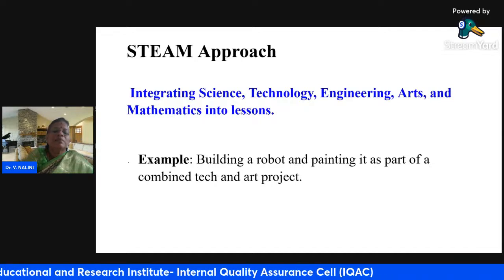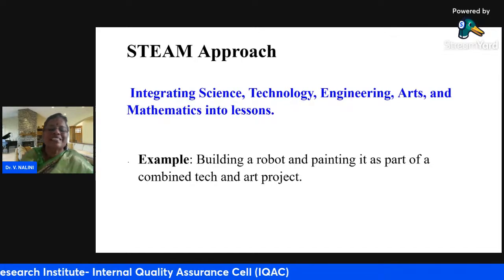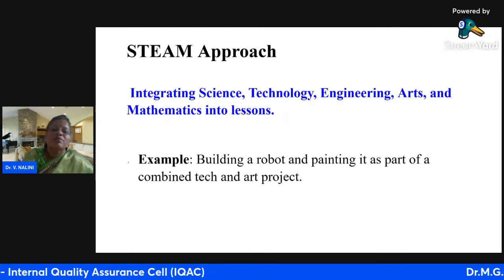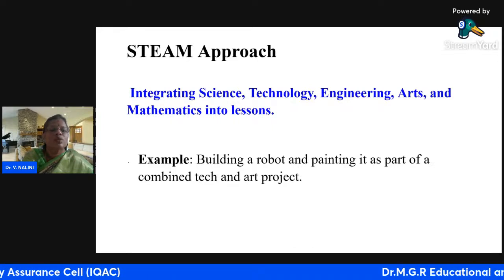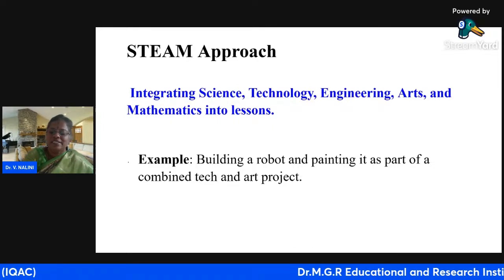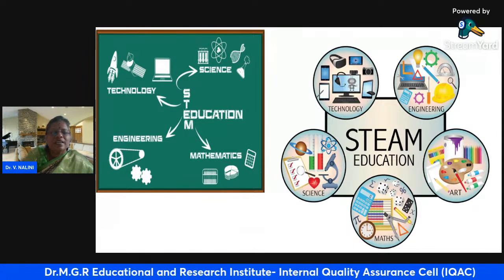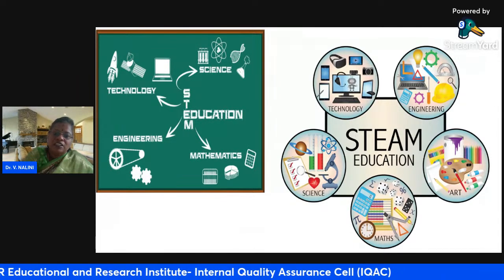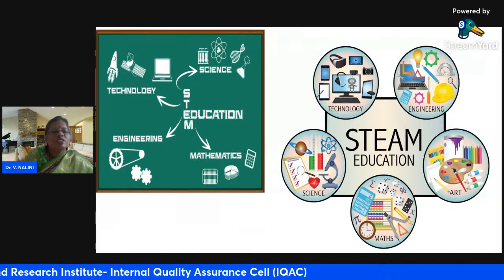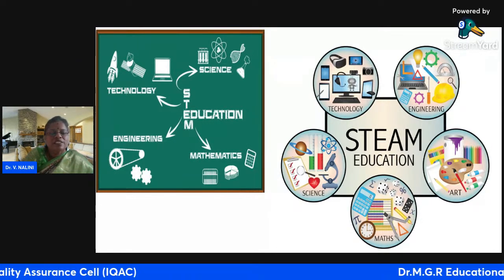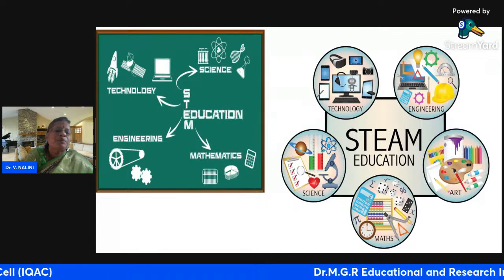And then STEM approach, STEM classroom, STEM curriculum, and this one is STEAM. What is STEM and STEAM? Yeah, STEM I have already highlighted. So the integration of subjects like science, and then technology, engineering, and mathematics together is called STEM education. What is STEAM education?